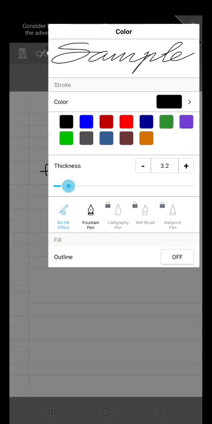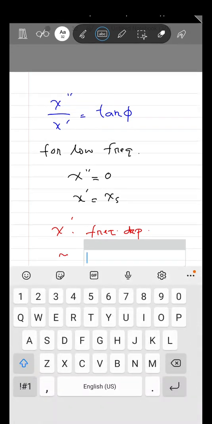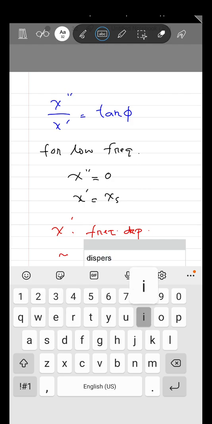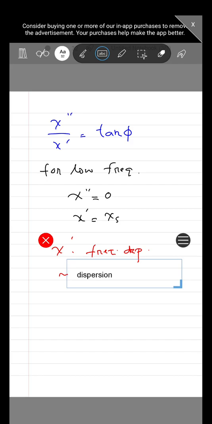Now, we can see that there is a variation of psi dash. This value of susceptibility is frequency dependent, and this is what is known as dispersion. This is the dependence of the susceptibility on frequency.